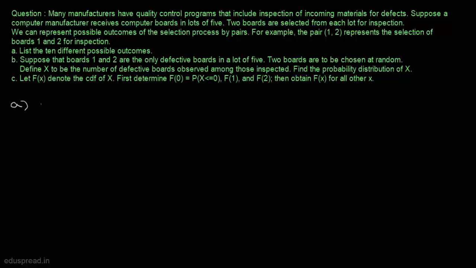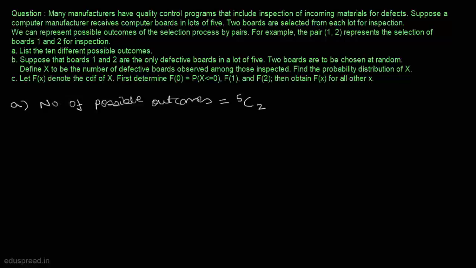So we can write in this case, number of possible outcomes is equal to 5C2. This is because in this case the ordering does not matter. So the pair 1-2 is equal to the pair 2-1.